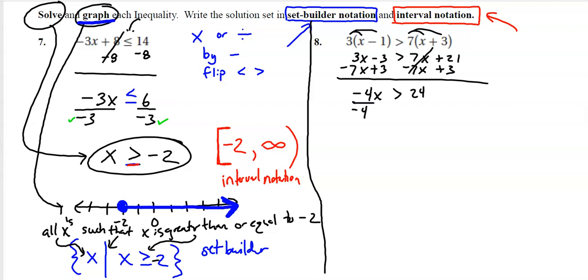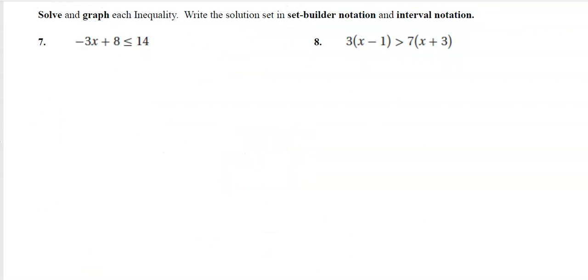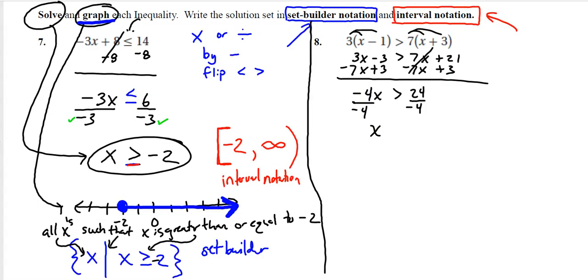Divide by -4, divide by -4. And I get x, and I've got to remember to flip the sign because I just divided by negatives. So flip the sign: -6.